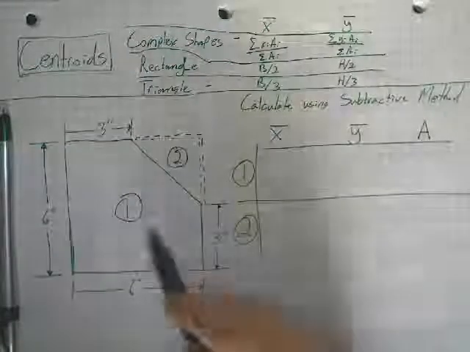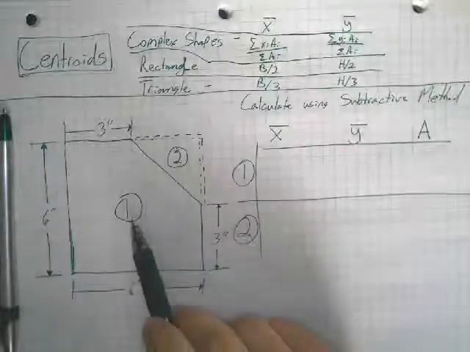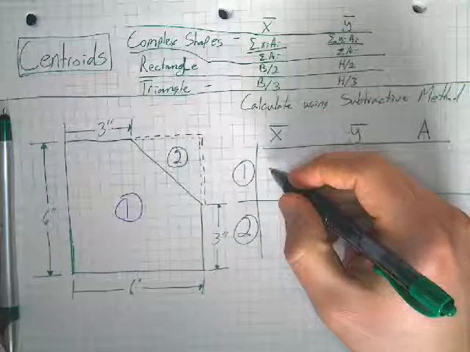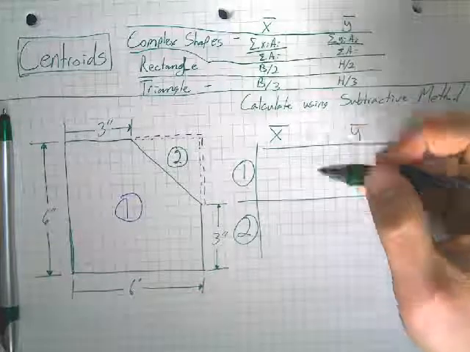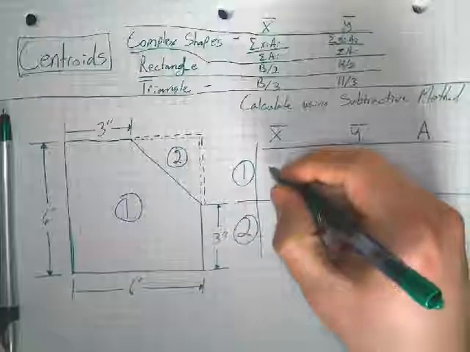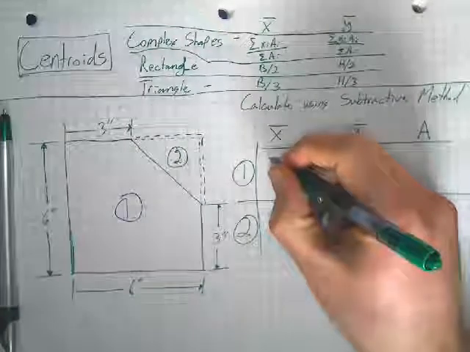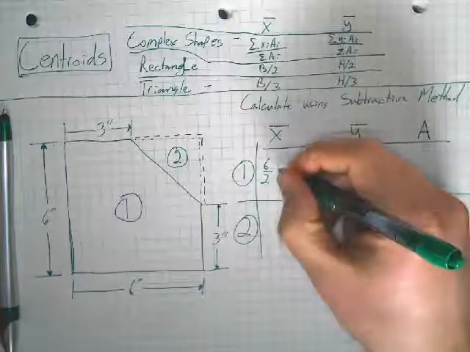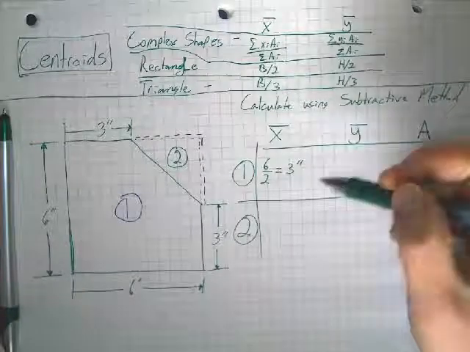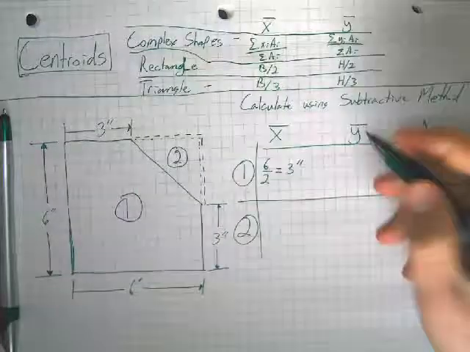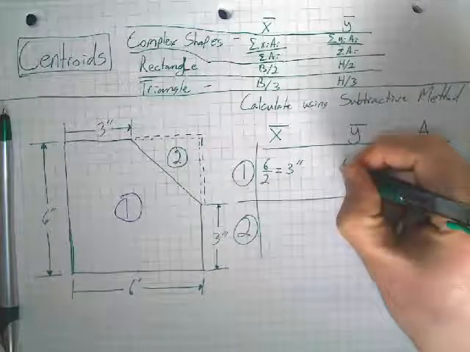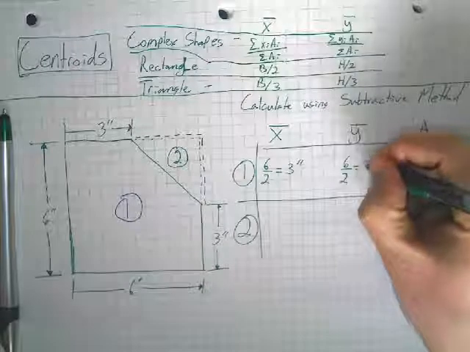If I look at this overall area as shape number 1, my square, the x centroid is base over 2. So I have 6 over 2, and my x centroid equals 3 inches. My y centroid, the height is 6 inches, so again h over 2, 6 over 2, also 3 inches.